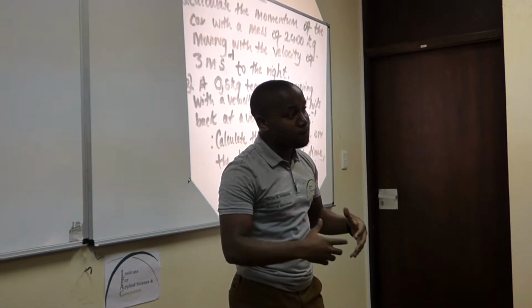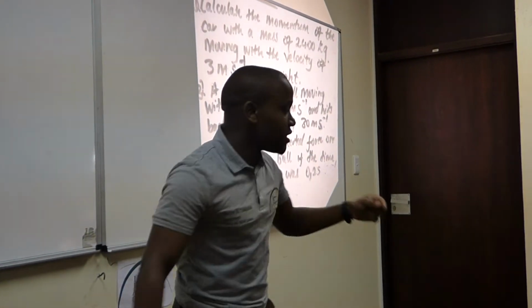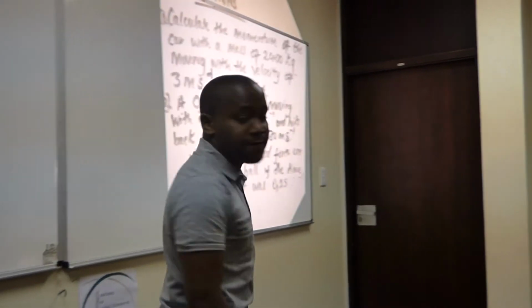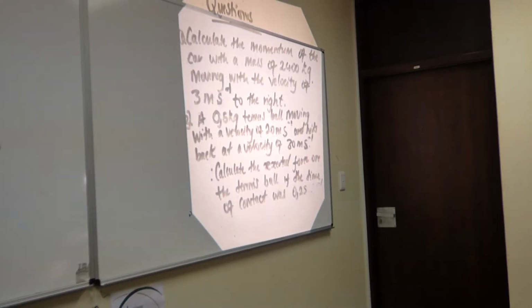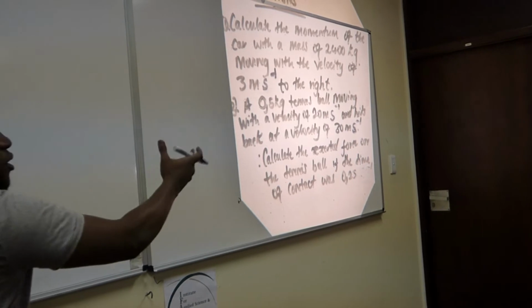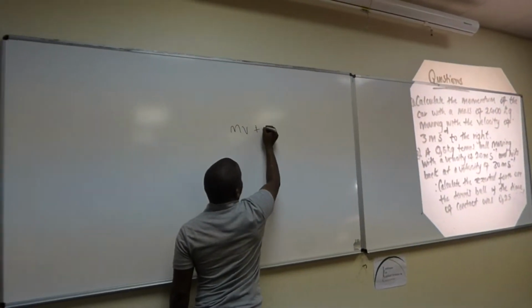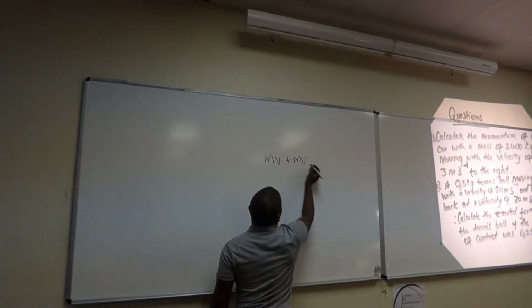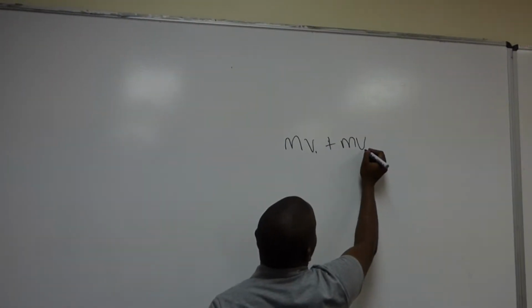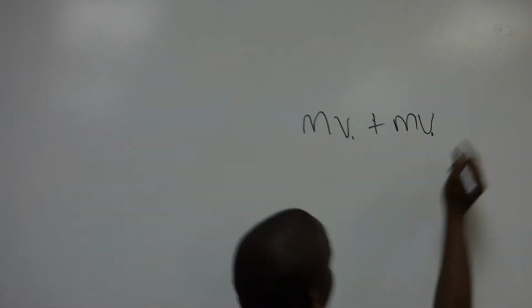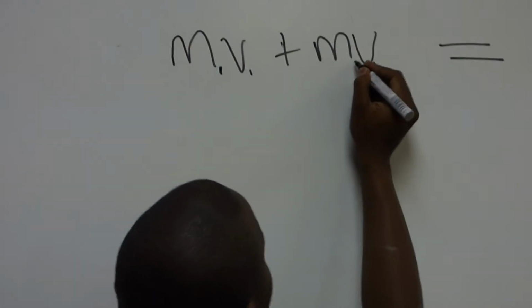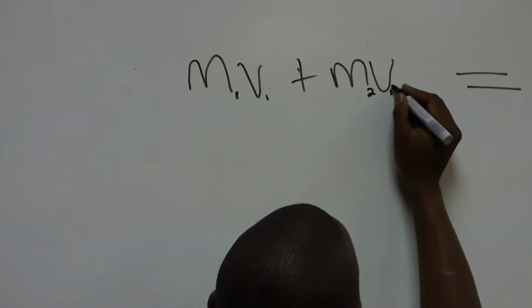Now mathematically, this is how we denote that form of coupling. The principle of conservation of momentum says, I have that plus that. This is initial. This is mass of object 1, mass of object 2, initial velocity of object 1, initial velocity of object 2.